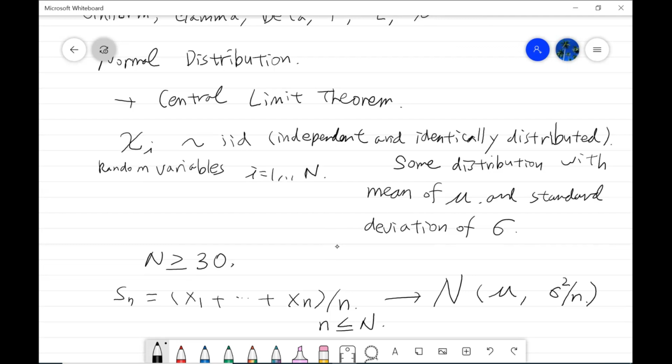In fact, this is a very powerful theorem. And this is also the reason why the normal distribution is widely used in many places. Because if we satisfy this IID and n is greater than 30, and we also know the mean and the sigma, then even though we have no idea about this probability distribution, in most cases it's true, we can easily and safely assume these numbers follow the normal distribution.